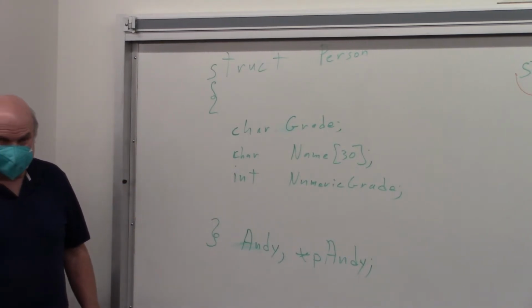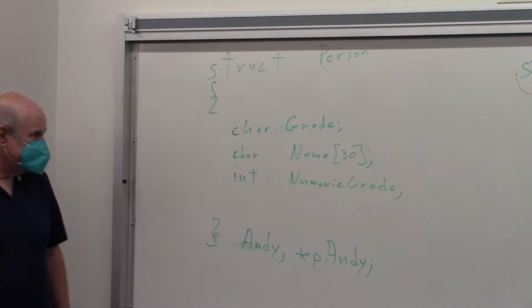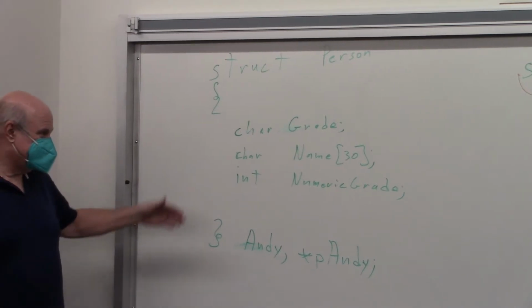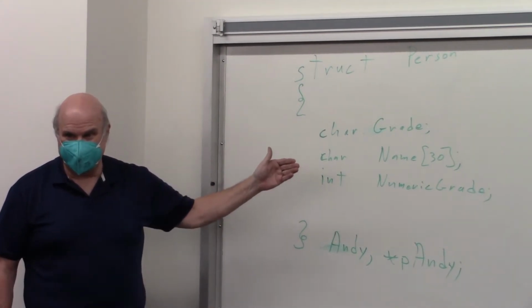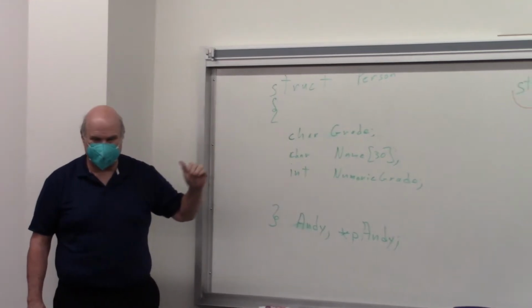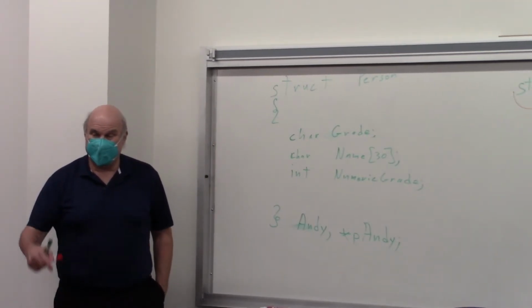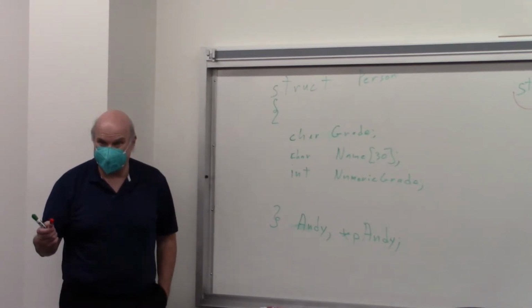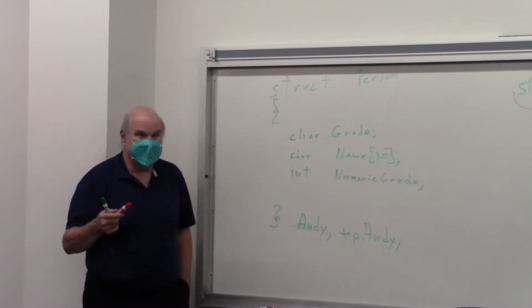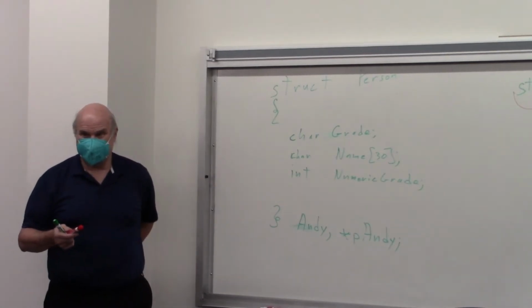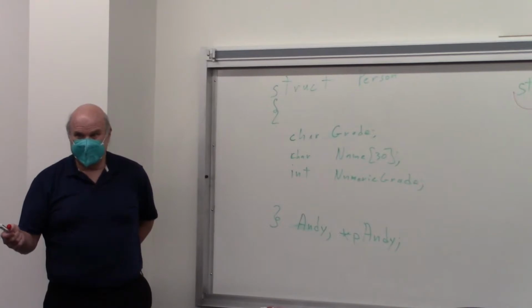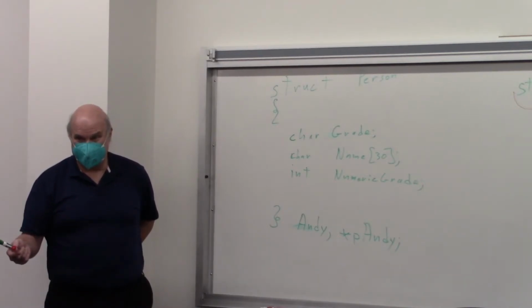Now another thing about structs that you need to know is most variables inside of a struct are padded such that the variable starts on a word boundary. A word boundary will be a word for that computer. So on a 32-bit computer, a word is 32 bits, 4 bytes. On a 64-bit computer, a word is 64 bits, 8 bytes.